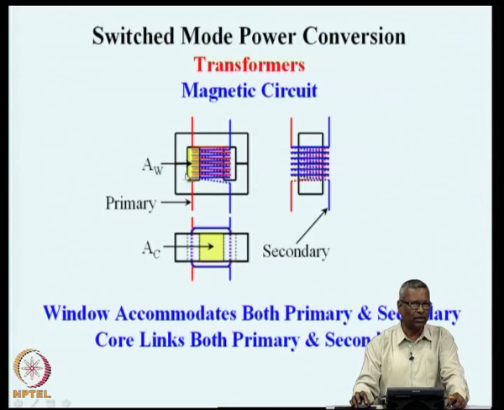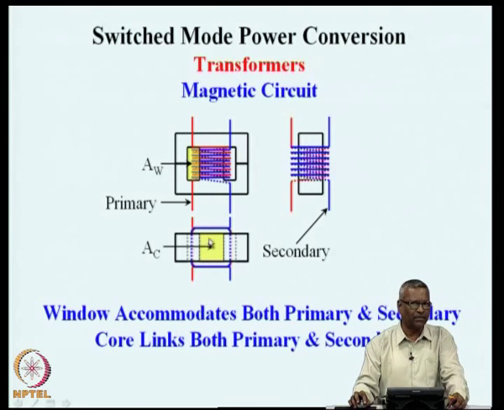So, the total copper conductors making the primary and the secondary are wound in the central limb, and they have to be accommodated in the window that is shown here.